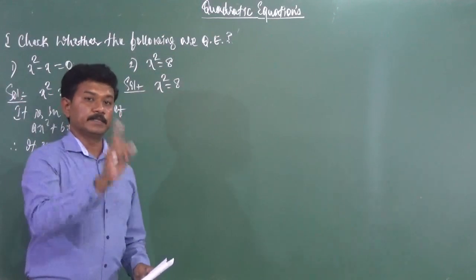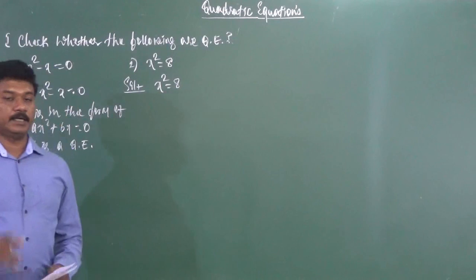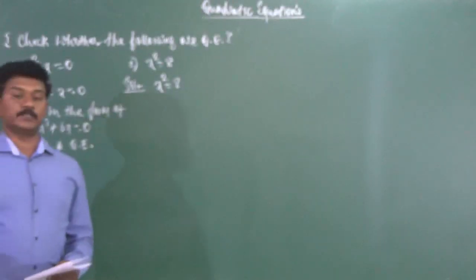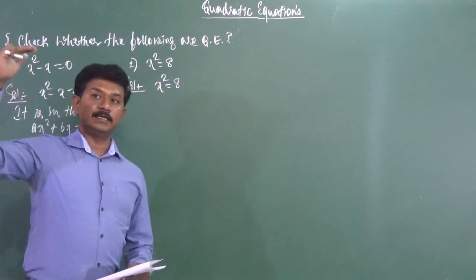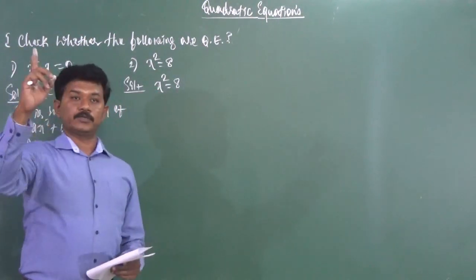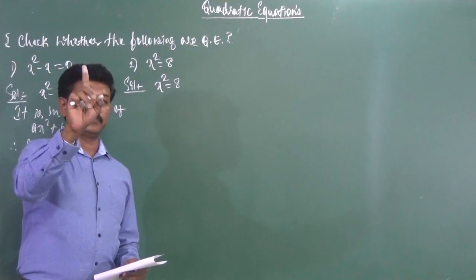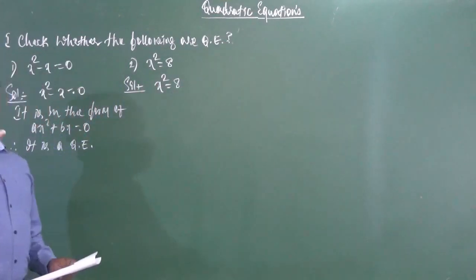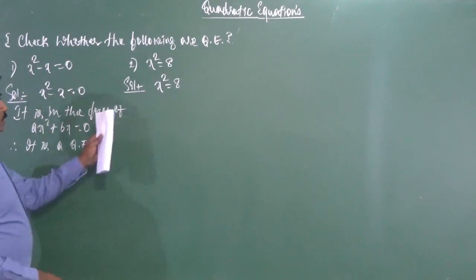In the RHS, compulsory there should be 0. And the terms in the quadratic equation should be arranged in the descending order. X square should come first, and then x to the power 1, and then constant, and then equal to 0. So this is what we call standard form. So here it is not in the standard form.